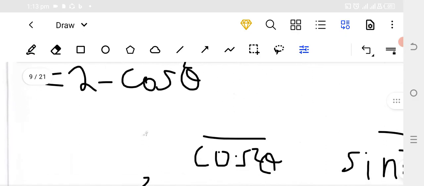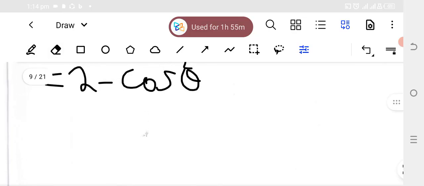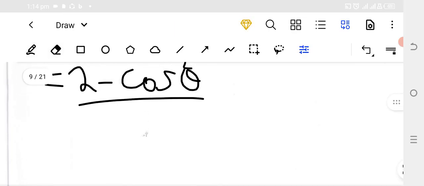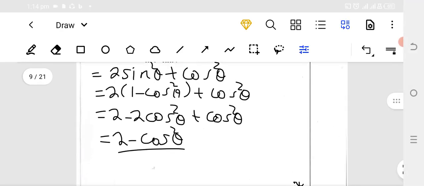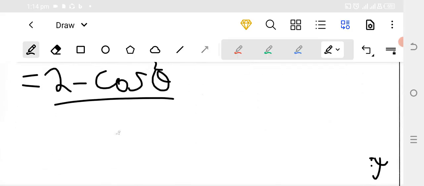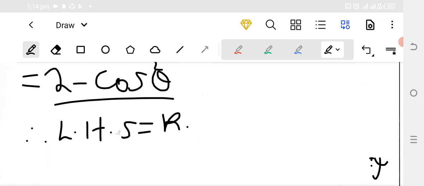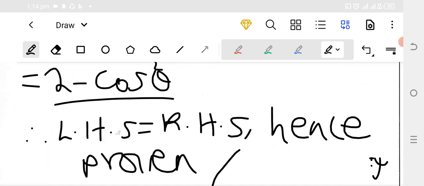Therefore, to conclude, let's clean up. Sorry for that, the document zoomed out. Therefore, left hand side is equal to right hand side, hence proven. That's how you conclude.